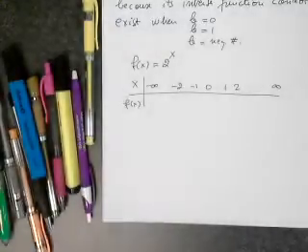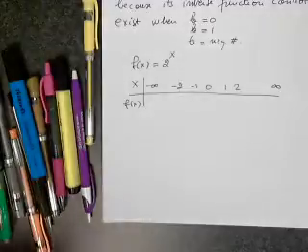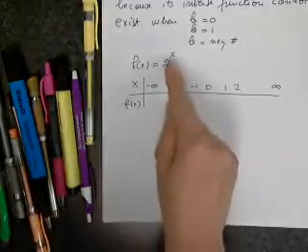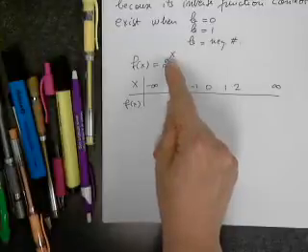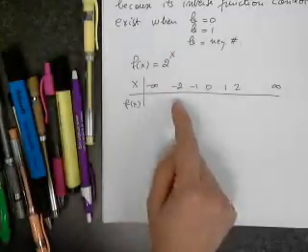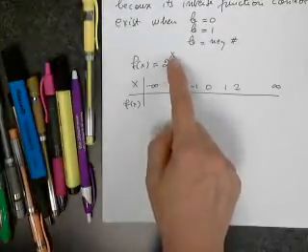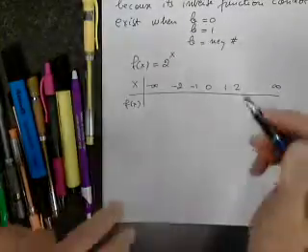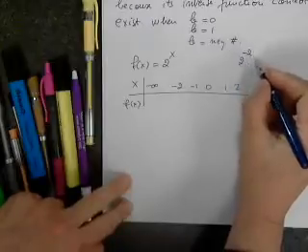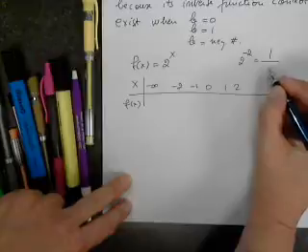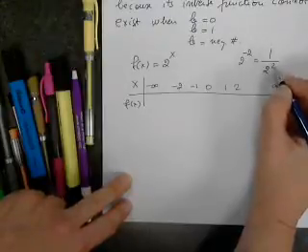I did not pick them scientifically. I just picked them around 0. Okay. So now I have to plug in negative 2 and get a number. 2 raised to negative 2, by definition, is 1 over 2 squared.